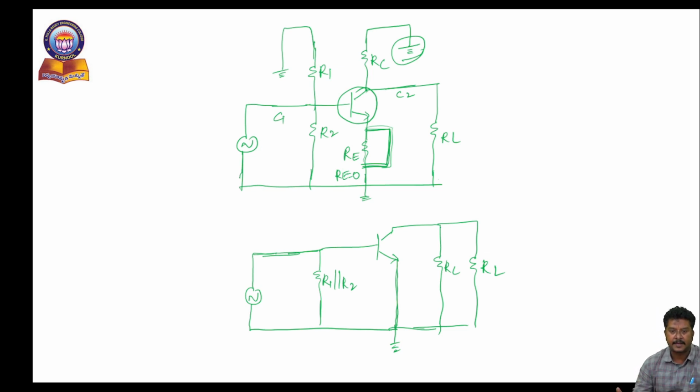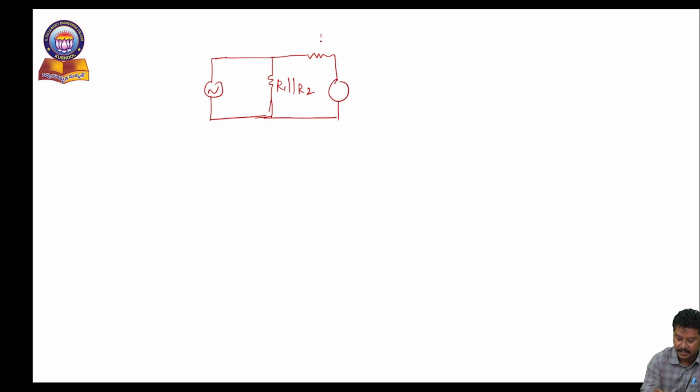We will now apply the AC equivalent model to the internal structure of the transistor, and once again we will draw the final amplifier circuit like this. So the input is short, where R1 is parallel with R2. This is the AC source, and the input transistor is equivalent to a hybrid model consisting of resistance HIE and the dependent voltage source HRE VCE.